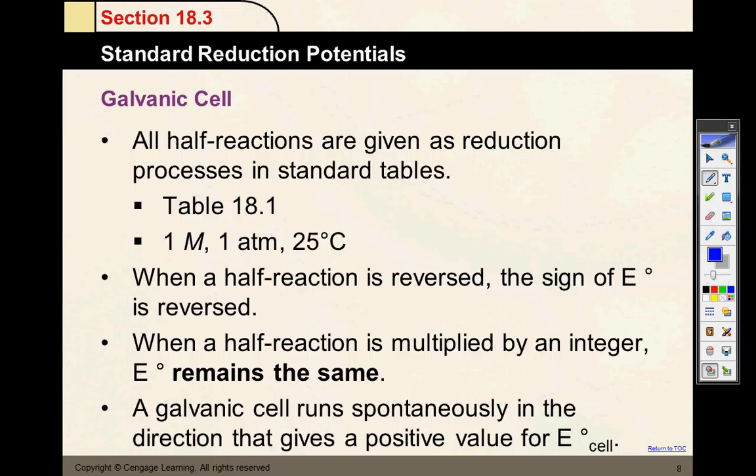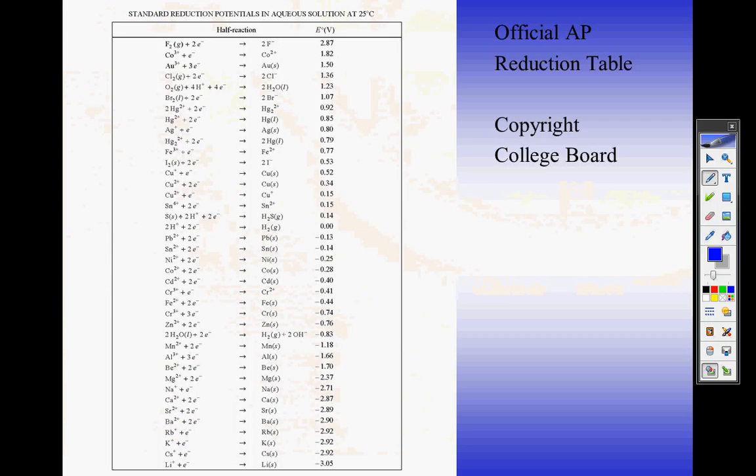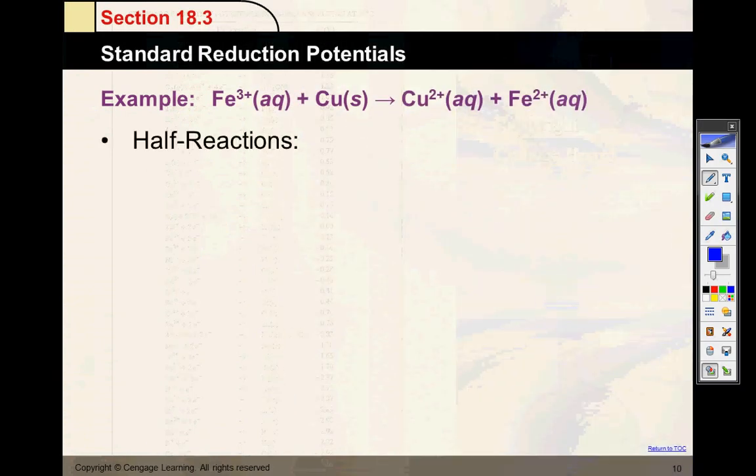The galvanic cell runs spontaneously in the direction that gives a positive value for the cell potential. Okay? And then we have this wonderful handy dandy table, which you got last class. So let's take a look at this one right here. All right, let's see if you can do a half reaction.